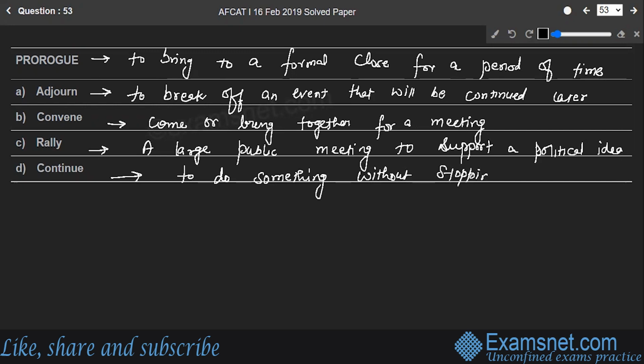You have to find out the synonym of this word, which obviously is adjourn. Both have the same meaning. So option A is the correct answer. Hope you're clear with this.